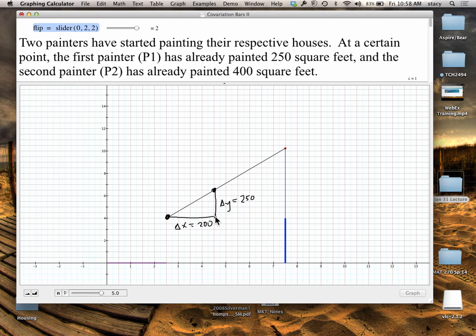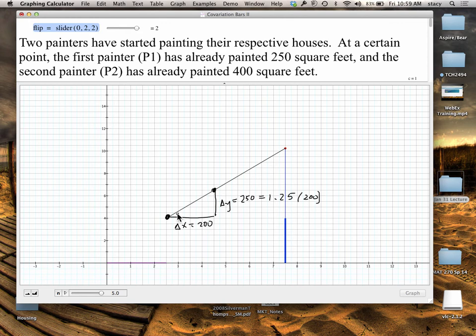But in terms of all of the work that we had done on the previous bar diagram visuals, we could also keep track of the fact that this 250 comes from doing 1.25 times the change in x, right?